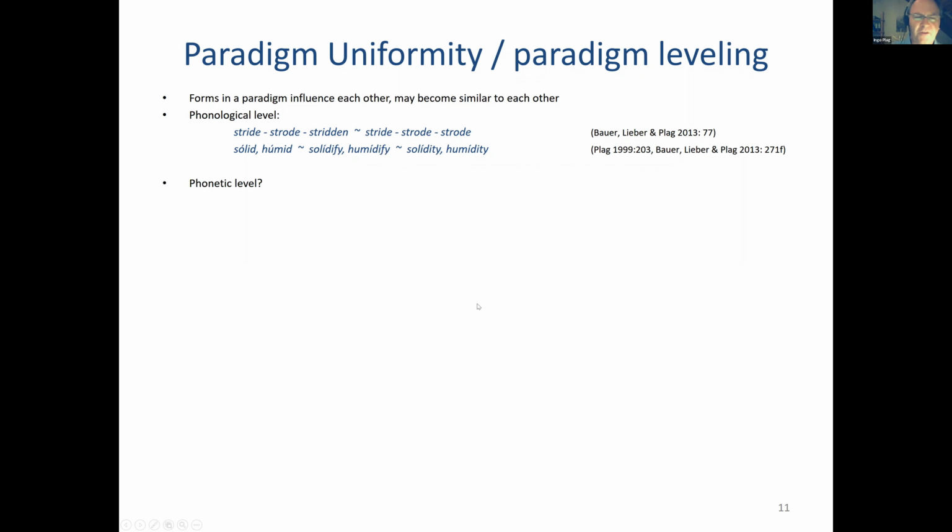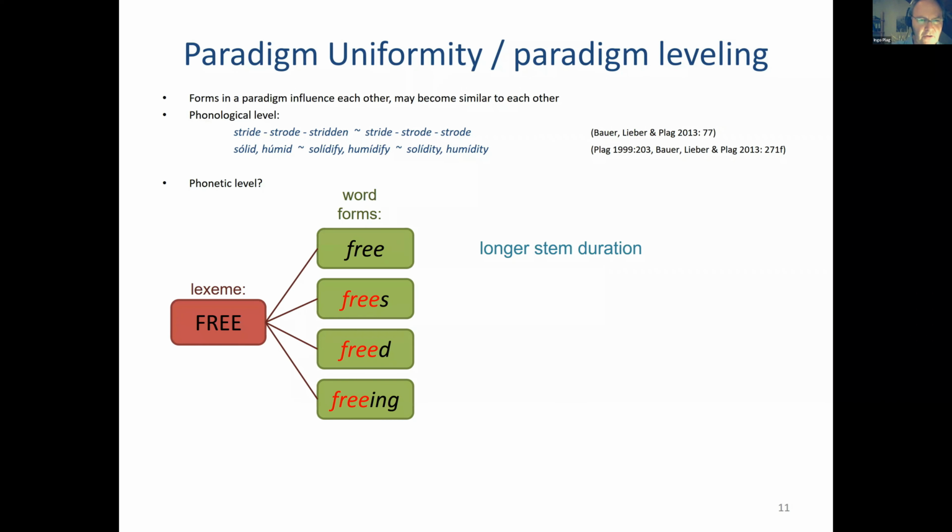Okay, but what about the phonetic level? Is there also phonetic influence of words in a paradigm, and some people believe yes. And we look at a study by Scott Seifert and colleagues, and they looked at the influence of words like free. So if you take a look at the paradigm of free in English, it's pretty small if you come from a different language, but it's free, freeze, freed, freeing.